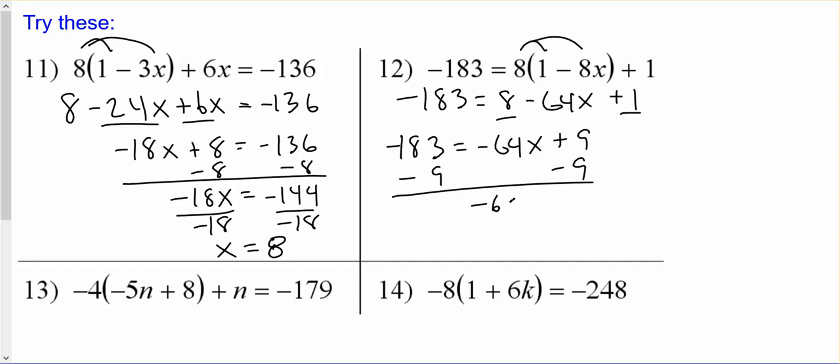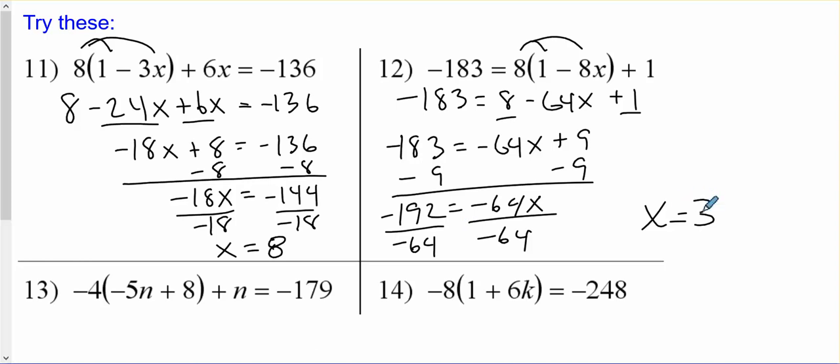Negative 64x equals negative 192. Divide by negative 64. And x equals, two negatives make a positive, x equals 3.